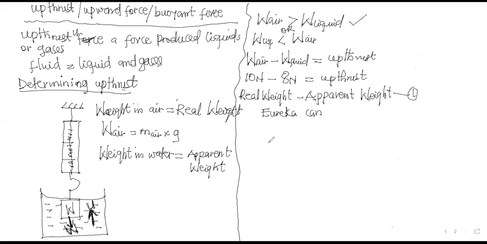So with the Eureka can method, it is the same setup. But this time, the Eureka can has a spout. Let me give a quick sketch. This is our spring balance. The object is weighed.